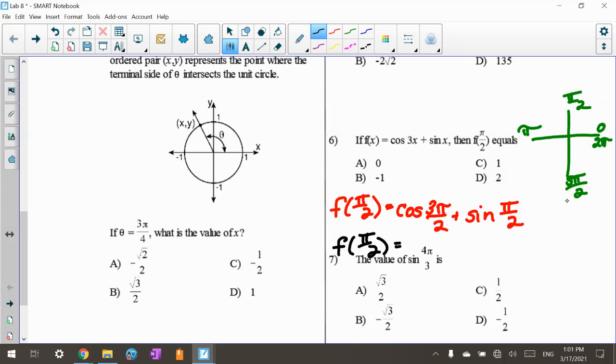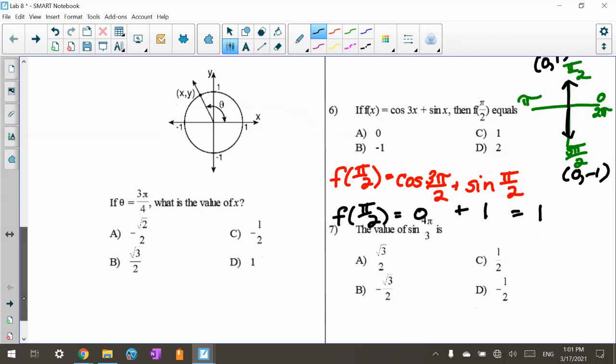The cosine, I know down here my point is 0, -1. Cosine is 0 here. So the cosine of 3 pi over 2 is 0, plus the sine of pi over 2, which is up here at the point 0, 1, and sine is my y, which is 1. 0 plus 1 is 1. And the more you push yourself to do this type of thing, the easier it's going to get for you. It's just practice, and look at your table.